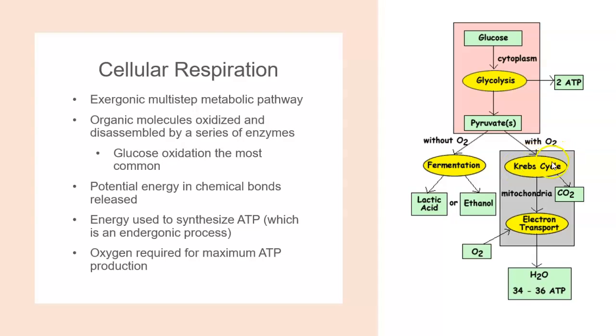Now, during that process, we make some waste product, CO2, we make some ATP, and then we take all of the stuff that we put in our carrier molecules, that NAD and something else we'll talk about in just a second. We take it to the electron transport chain and we use that and oxygen to make a whole bunch of ATP and some water.